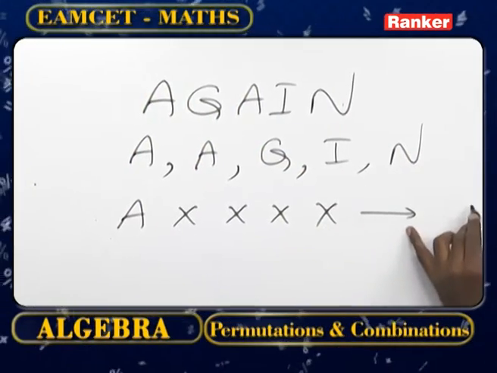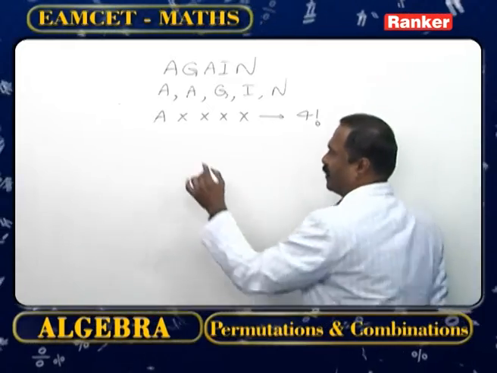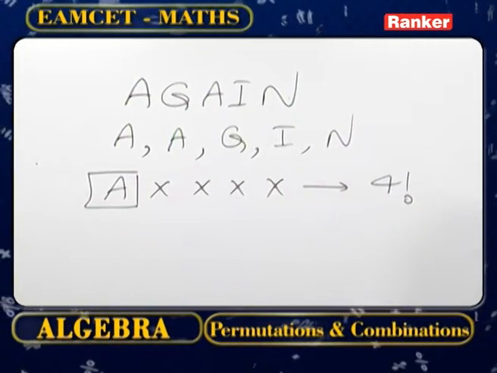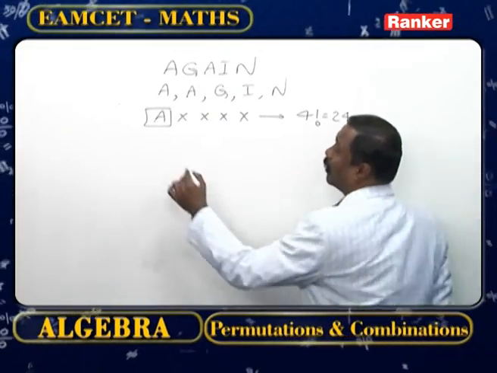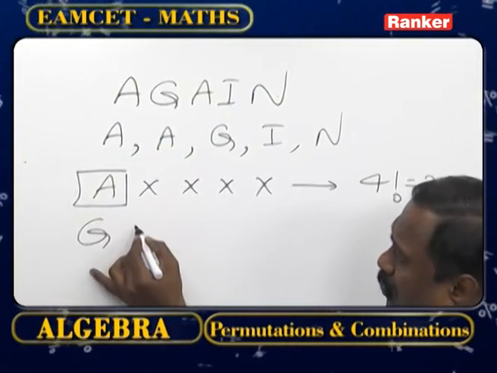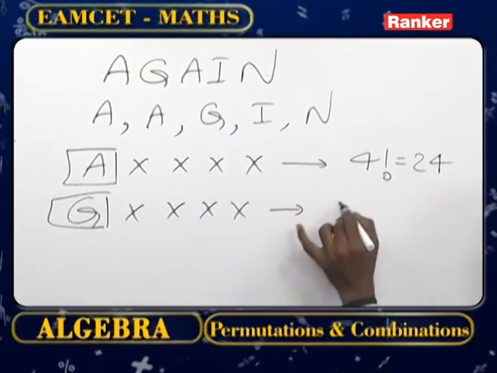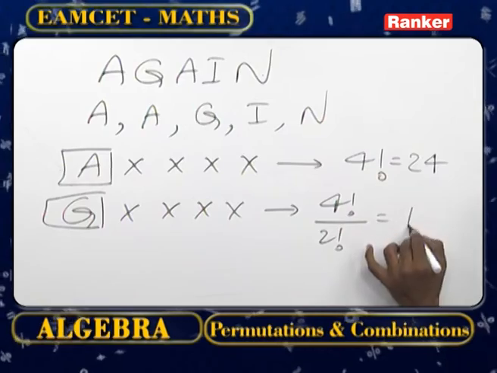This can be arranged in 4 factorial different ways. A fixed here. 4 letters can be arranged in 4 factorial different ways, which gives you 24. Right with G, G again 4 factorial upon 2 factorial for 2 A's, it is nothing but 12.